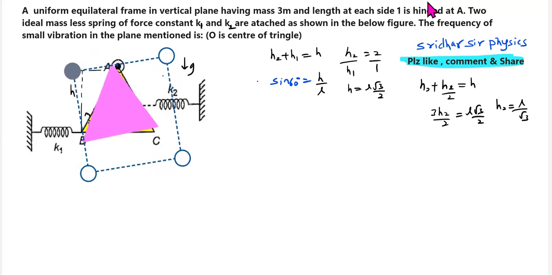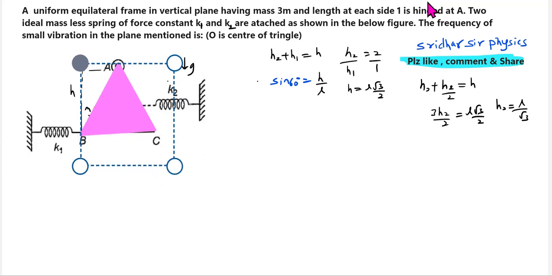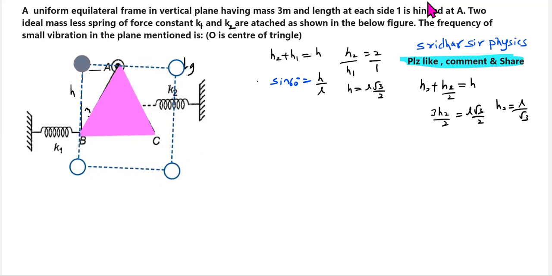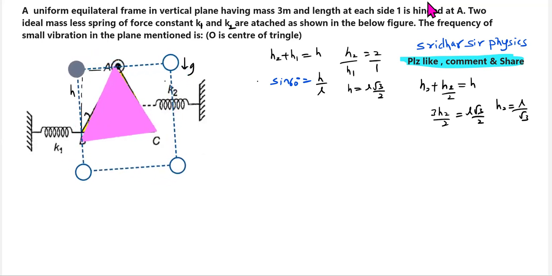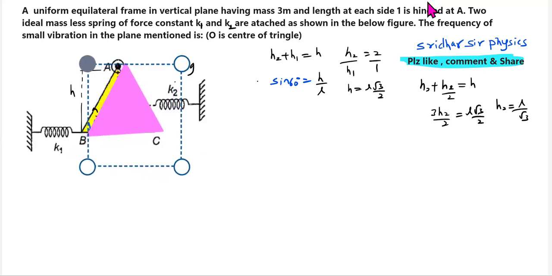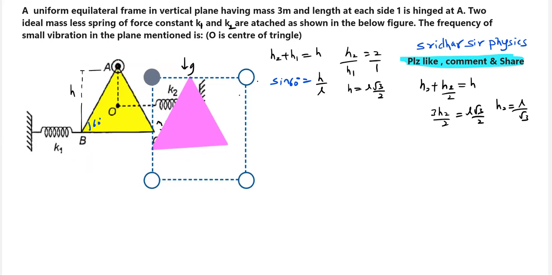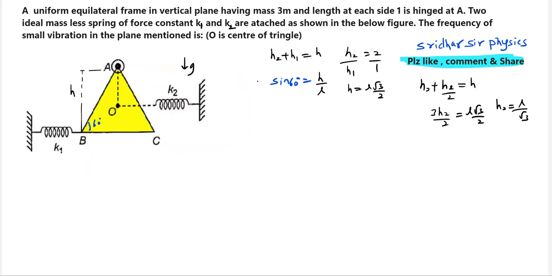It will be oscillating, and the springs will remain horizontal. This is a rough diagram, I don't have animations. I'm just showing it. Sir, what do you mean by oscillation? It will be like this. Small oscillations. So these are the lengths we assume as data. Now through this, the weight mg will also act.